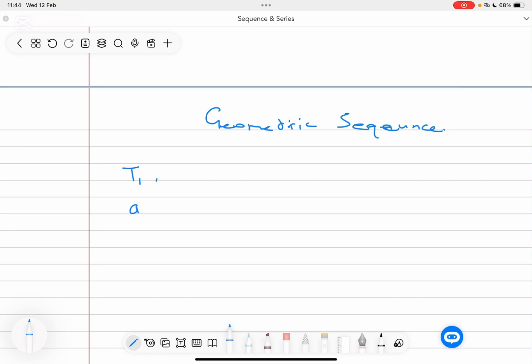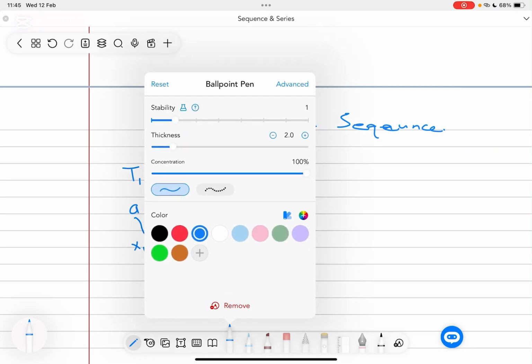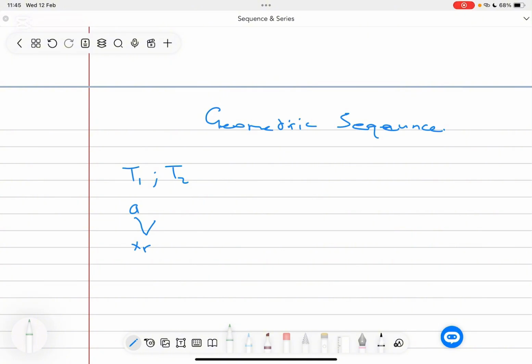However, for us to go to term 2, we multiply term 1 by some number R, so that now I'm going to have the A times the R. That means A multiplied by R, which will give me AR, and that would be our second term. So our T2 would then be A times R.